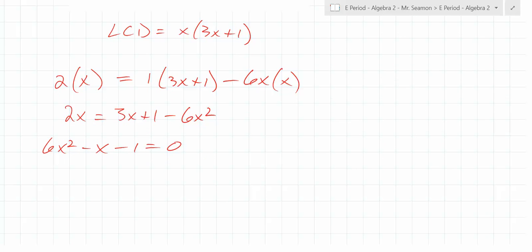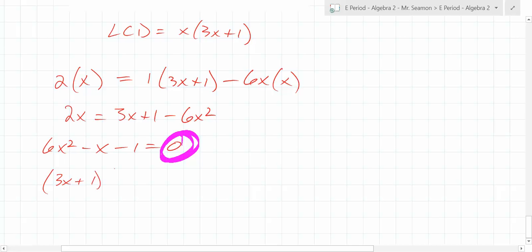Does that factor? The key is it has to equal 0. If you're solving by factoring, it better equal 0 because you need that 0 product property. So does it factor? Yeah, what does it factor into, Mar? 3x plus 1. Plus 1 and what? 2x minus 1. Awesome. So that tells you that 3x plus 1 is equal to 0, or 2x minus 1 is equal to 0.